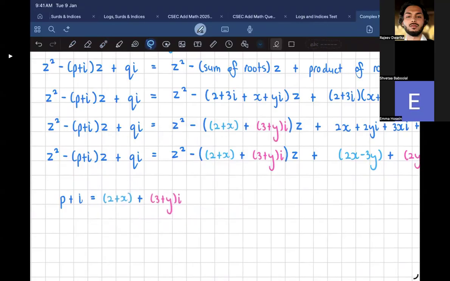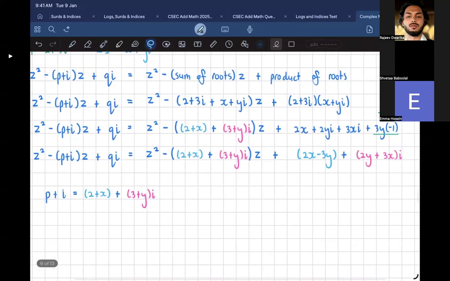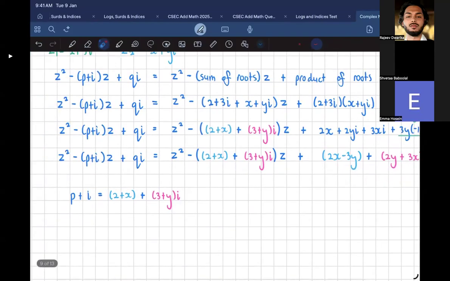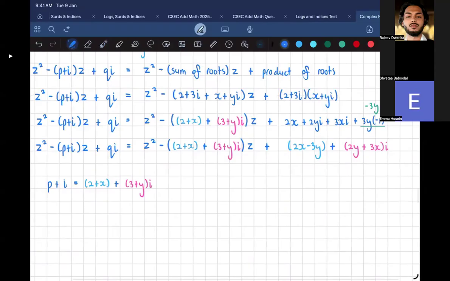Now we're going to look at the constant part of it. The constant part for this one is qi. So we're going to write qi is equal to what? That whole pink and blue thing there.